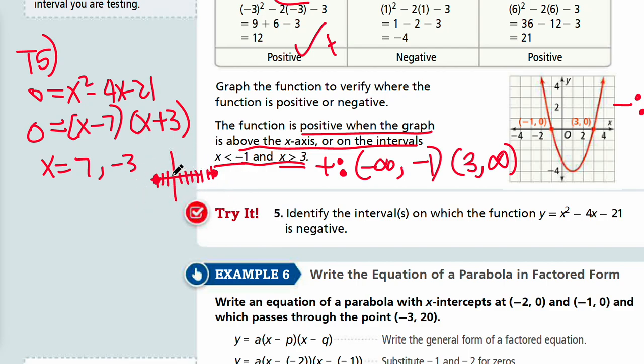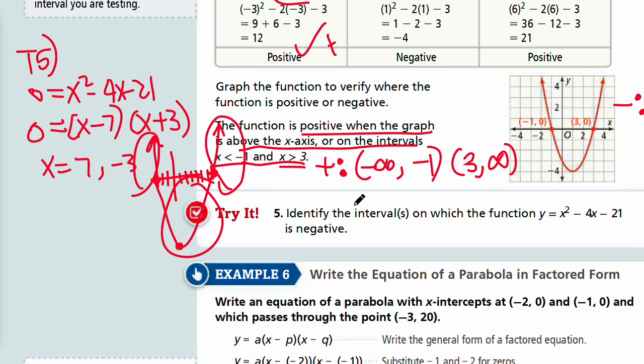So I'm gonna pick 0, so that it's easier to calculate. When x is 0, it's going to be -21. So it's very below here. And so I know the graph is going to look like this, where it's going to be positive when it's less than -3 and greater than 7. And then it's going to be negative between -3 and 7.